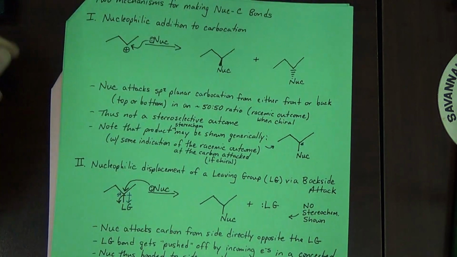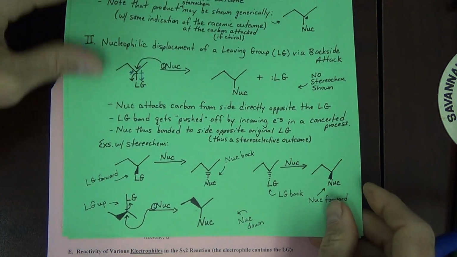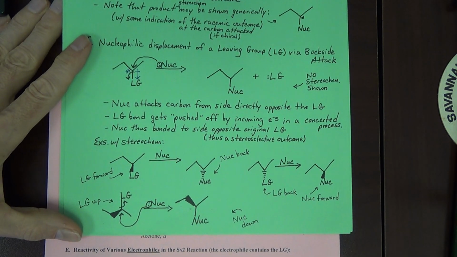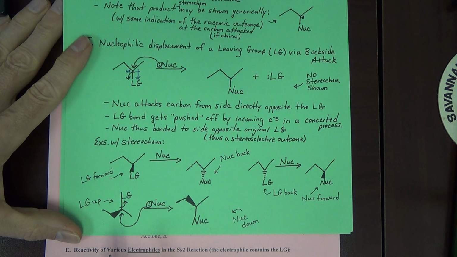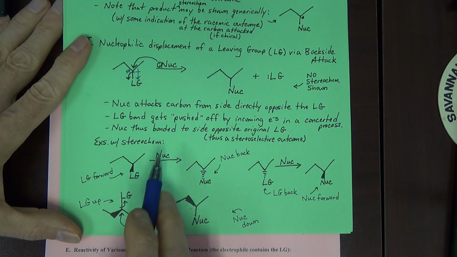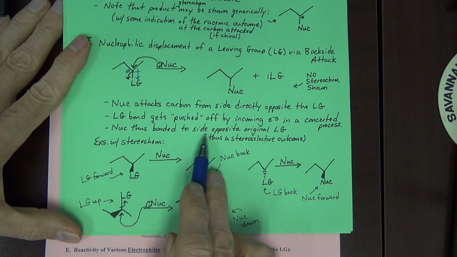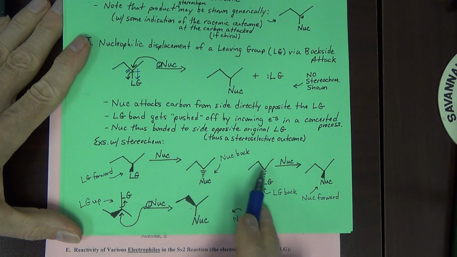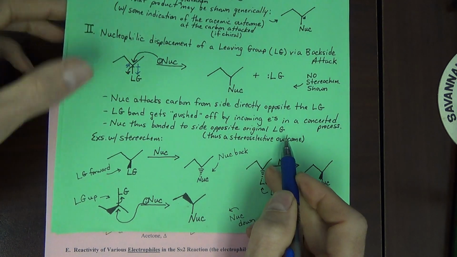If we look back to our mechanism sheet from test 2, the nucleophile is going to bond to the opposite side from the leaving group. It's a stereoselective outcome.